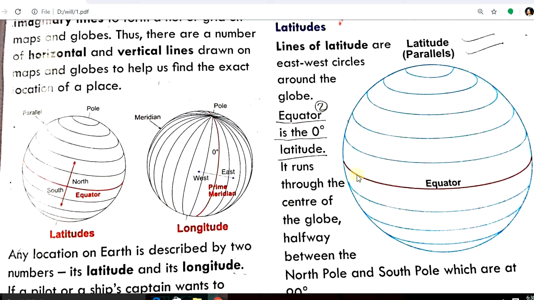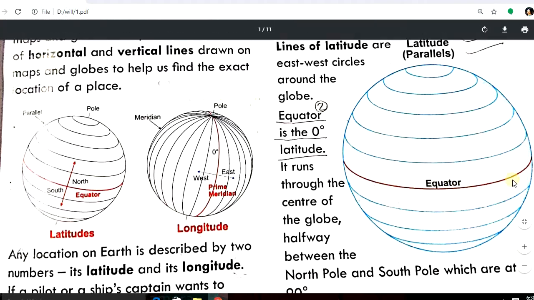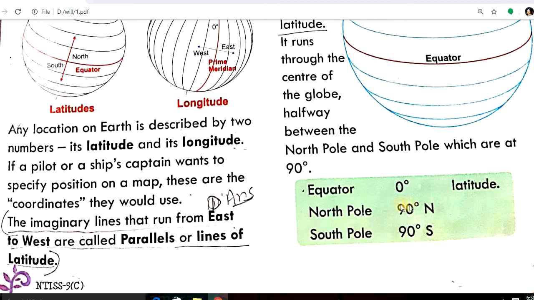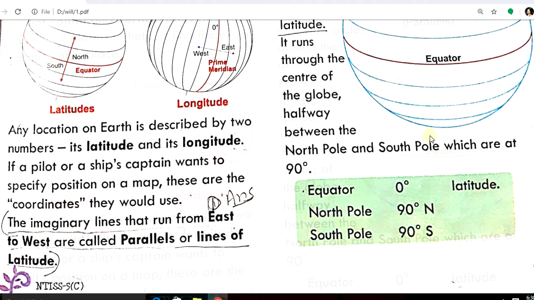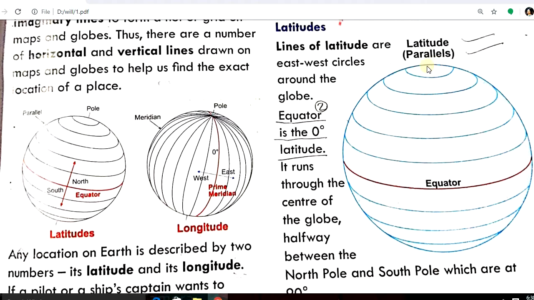North and south pole के बीच में center part है. This is the equator, and we marked equator as a 0 degree. Now equator marked 0 degree latitude, and this is the north pole, and we marked north pole 90 degree N, and south pole we marked 90 degree S.